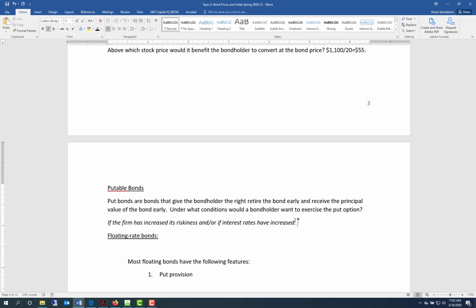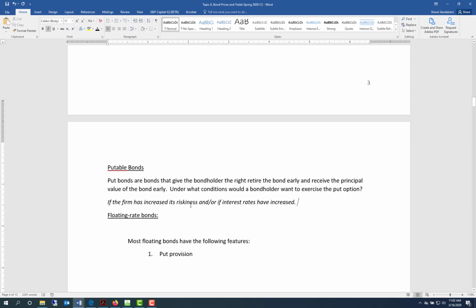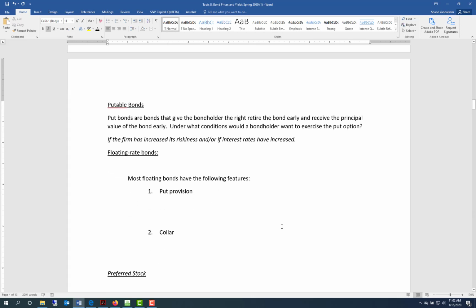The next type of bonds are floating rate bonds. Floating rate bonds are bonds for which the coupon rate changes, oftentimes with an index rate.